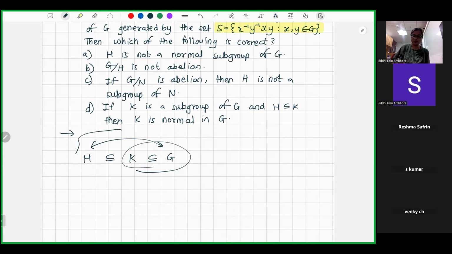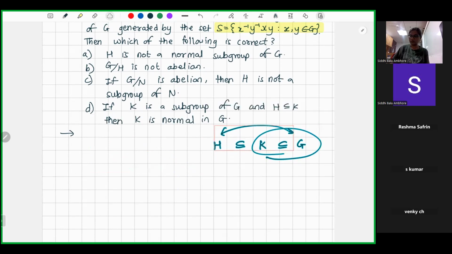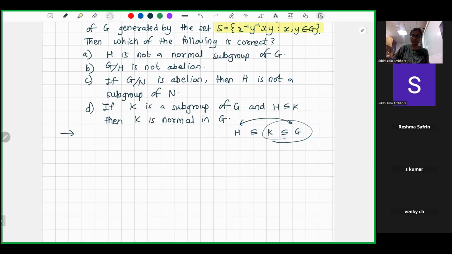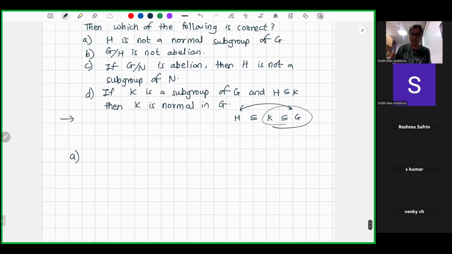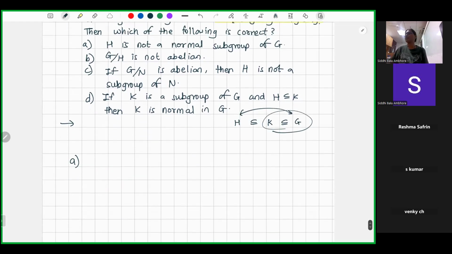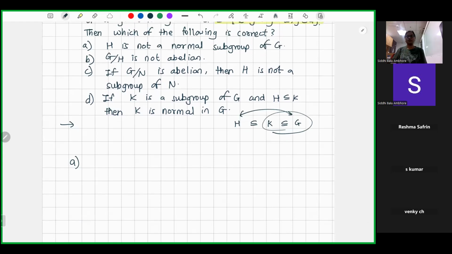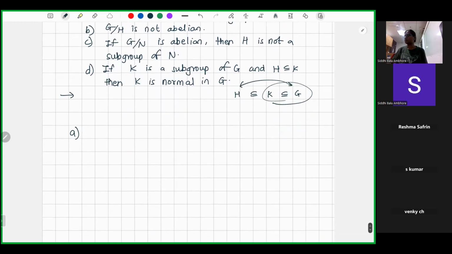So let me just move this here a bit. Okay, option A, we have to check whether H is a normal subgroup or not. So how to proceed? We are given this information. What are the ways to show if something is normal or not?